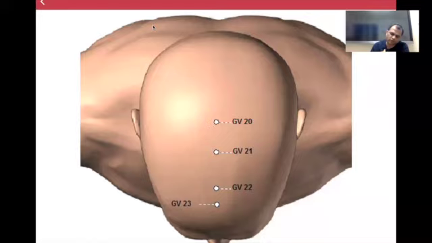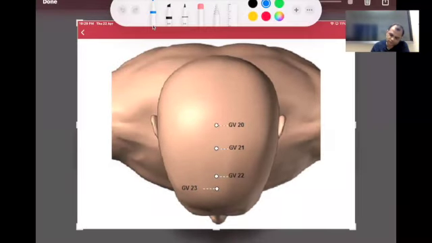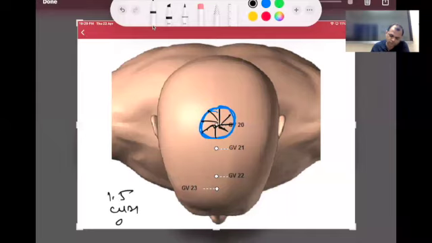So from the governing vessel 20 on the top of the head, we can go 1.5 chun all around and treat this area.